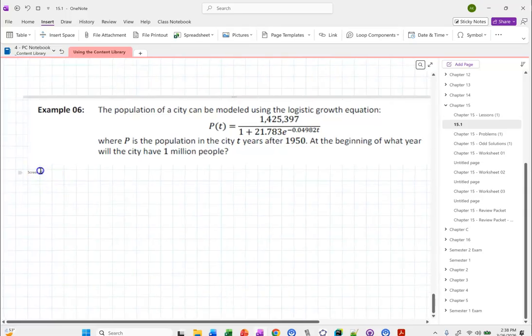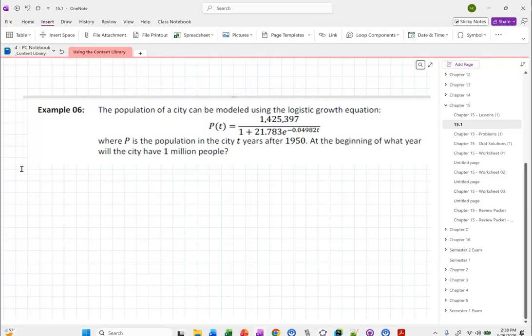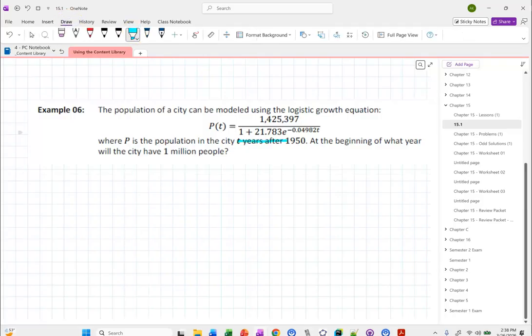So this says the population of a city can be modeled using the logistic growth equation P of T equals yada yada yada, where P is the population of the city T years after 1950. That's a really important phrase because that tells us how we have to change our value for t into a year.